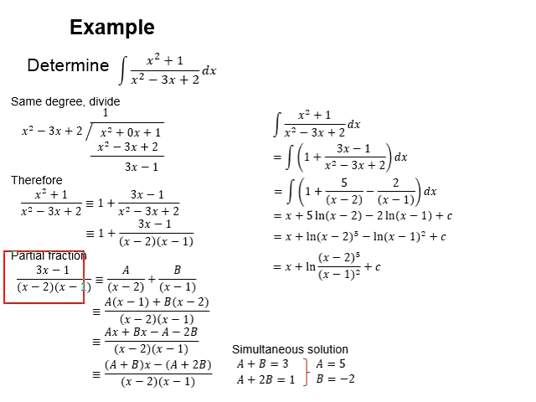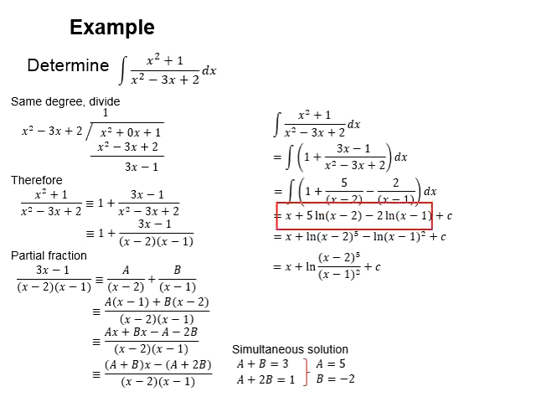And the expansion of this will give you this after you determine the simultaneous solutions. Eventually, you will see the transformation of the function into 3 terms, which are more easily integrated.